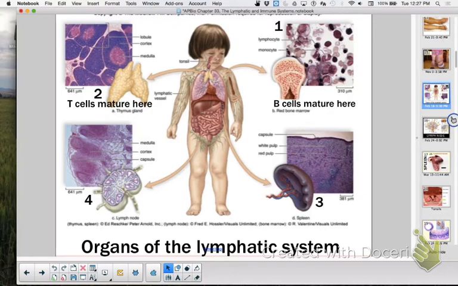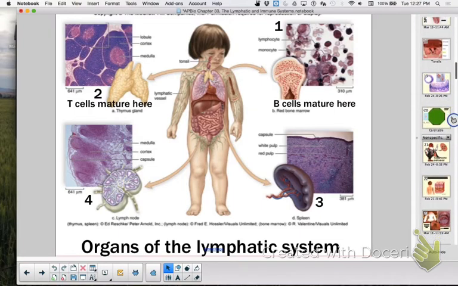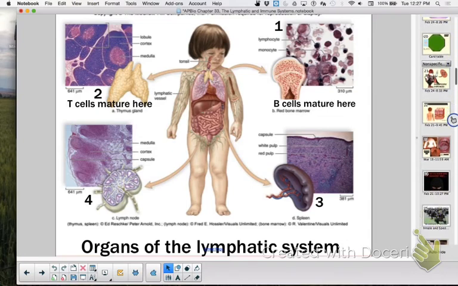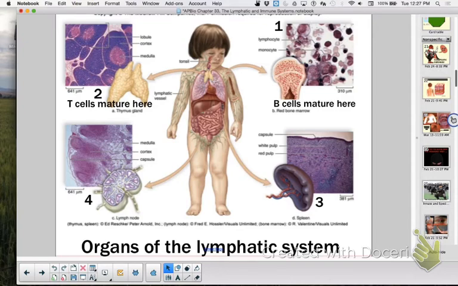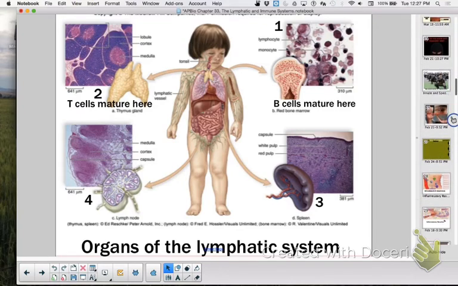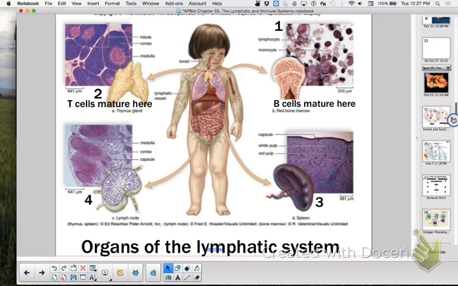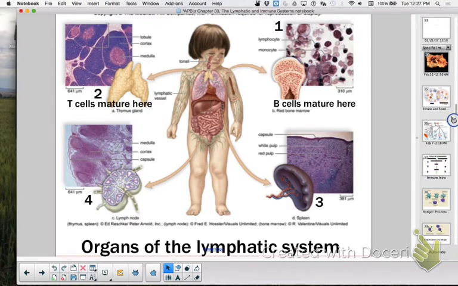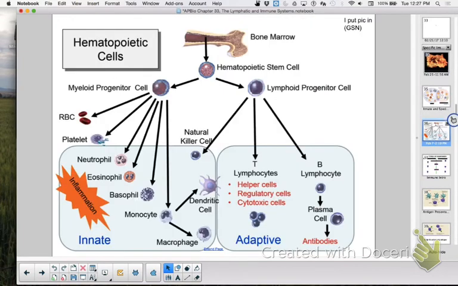Yes? What are macrophages? Macrophages are still going to originate from your bone marrow, but they would be in the white blood cell non-specific origin. Let me find you a picture. Here, okay? I don't know if they're in this picture. Are they? Oh, yes, they are.